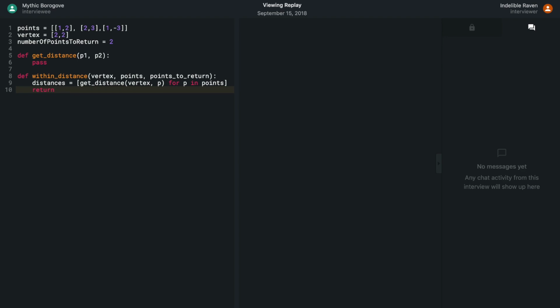Sorted distances. See, so we need the indexes too, right? So we'll get that, and we'll get the index I for all these, and then we'll return sorted.